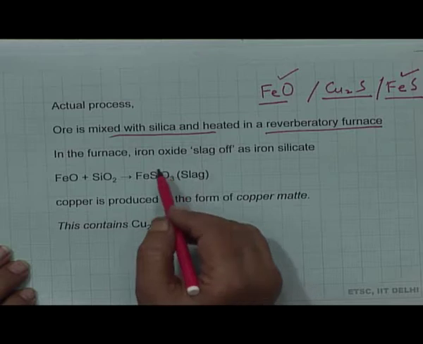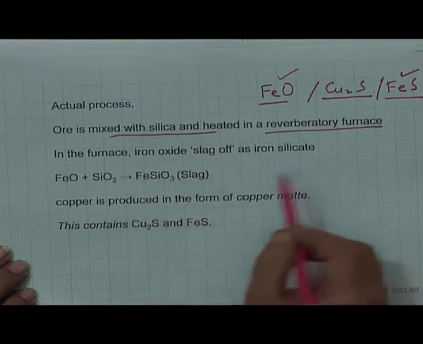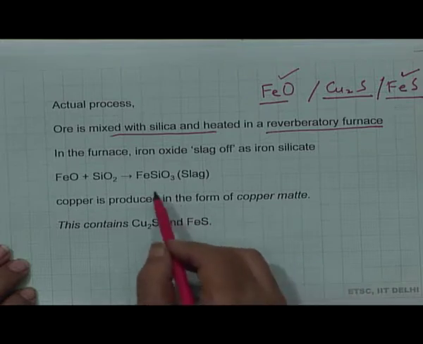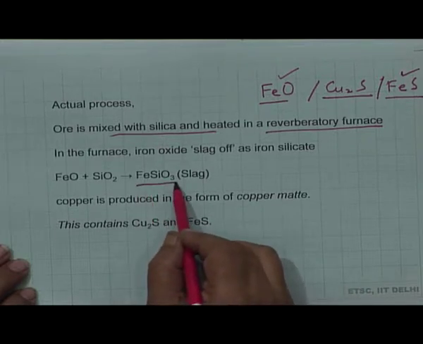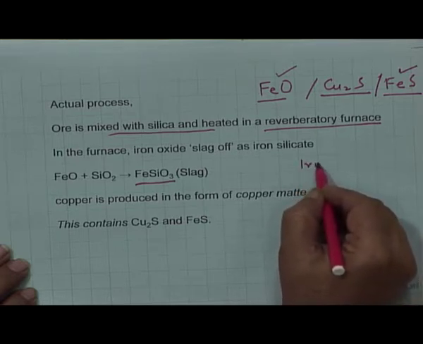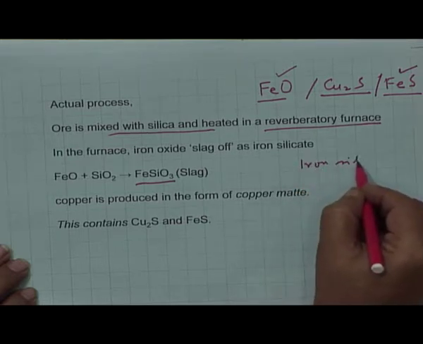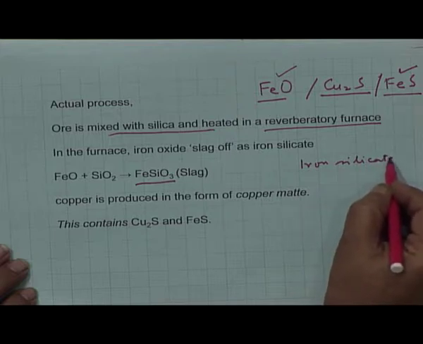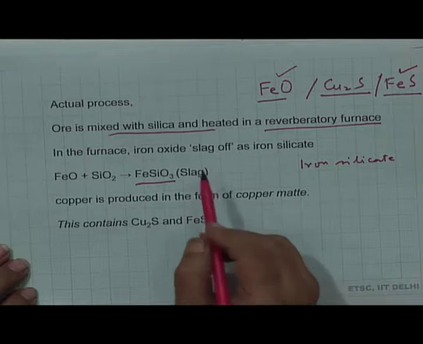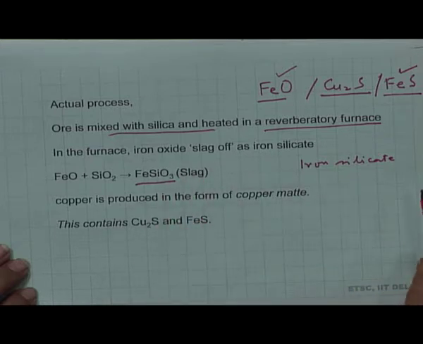So, in this furnace, when iron oxide is heated in presence of silica, FeSiO3, iron silicate, is formed, and it is called slag because it is not very useful material, and this is removed.